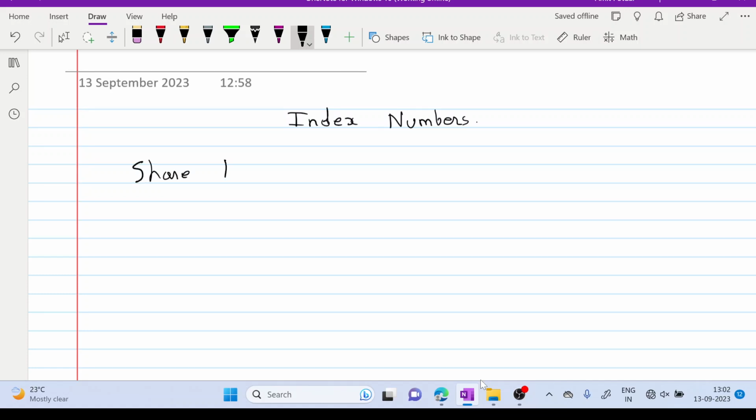So what happens in a share index? In general, we are not going to go into detail. For example, suppose the share index value was 250 today, and it increases to 300 tomorrow. So what does it tell you?